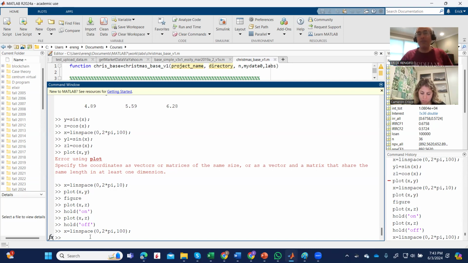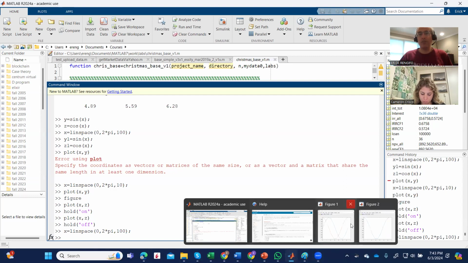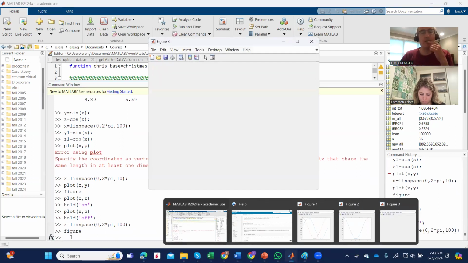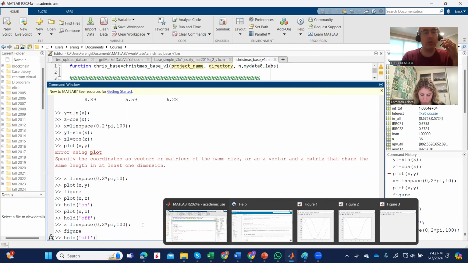Okay, do you have the graphs? So let me close. Well, let's create new figures, so we can just practice. And then what I want to do is plot x with y1.